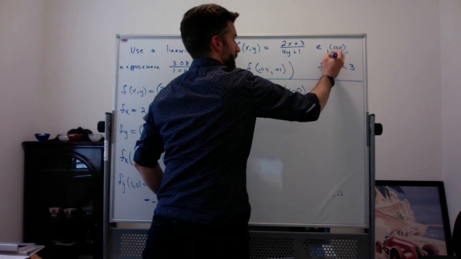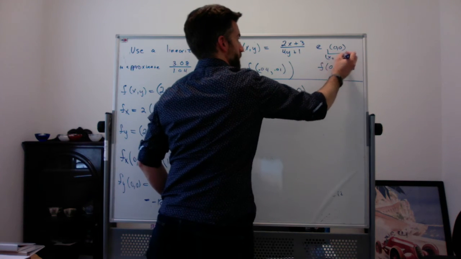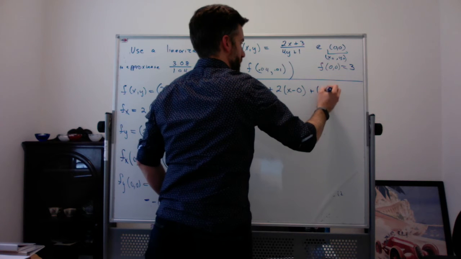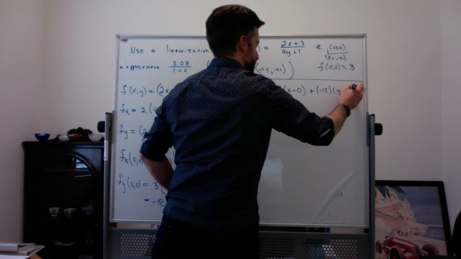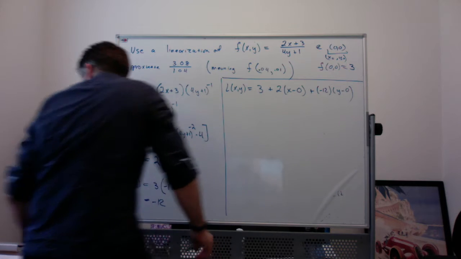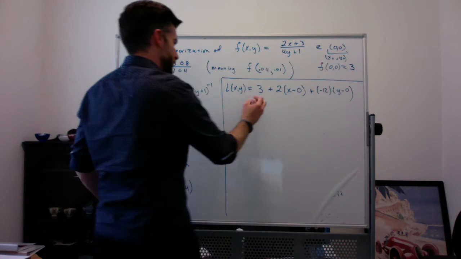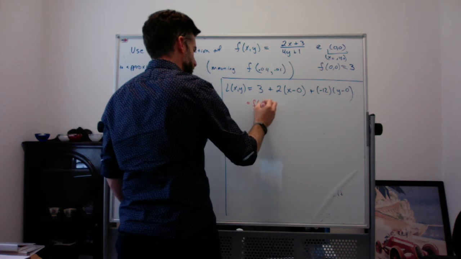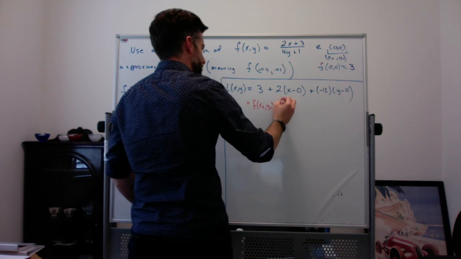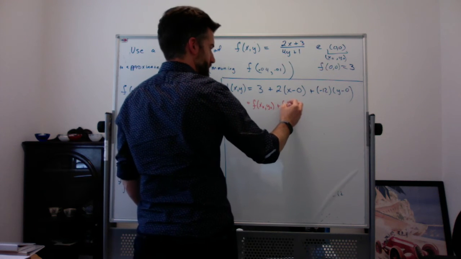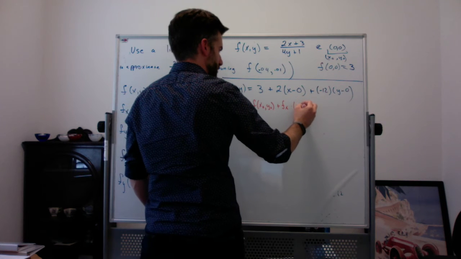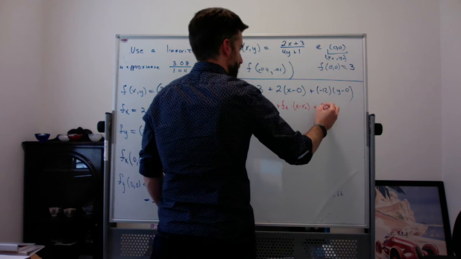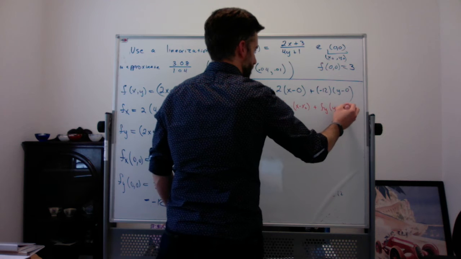This is my x naught, y naught. Plus negative 12 times y minus 0. Let me write that in red just so you guys can see. This is my f(x naught, y naught) plus fx times (x minus x naught) plus fy times (y minus y naught).